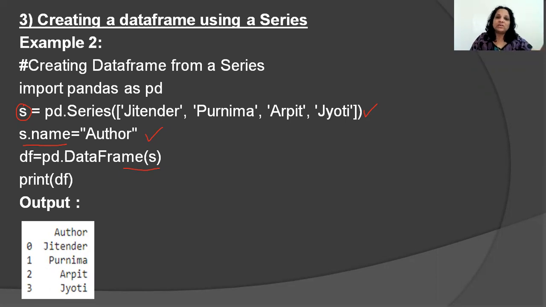So the name of the series automatically becomes the column name in the data frame. Now, could I achieve this using the columns property also? Yes, I could have achieved it using the columns property also. I could say pd.DataFrame(s, columns=['author']), in square brackets and in quotes, write author. So even if the series did not have a name, it will get the name that you have specified. Is that clear?